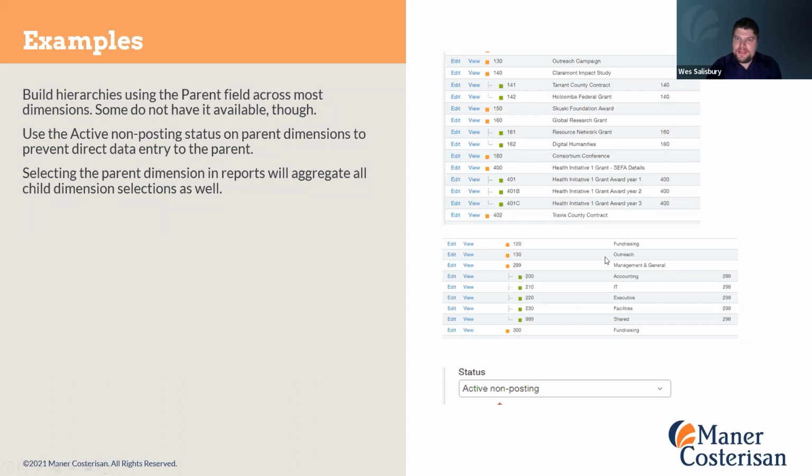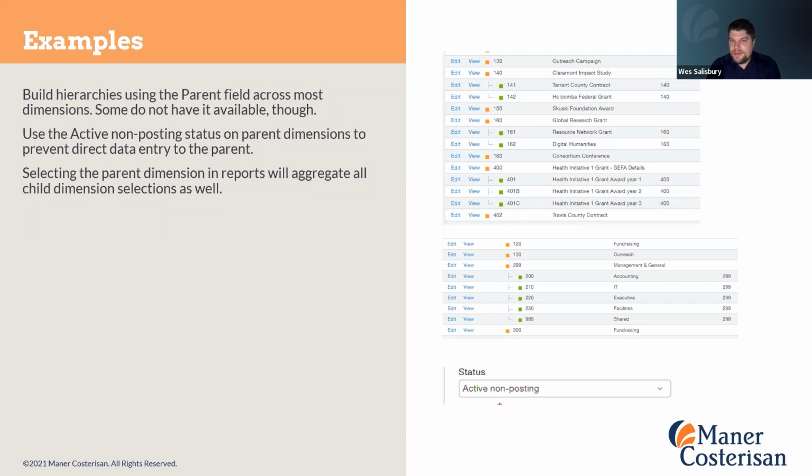So off to the right here, I have some grants or projects in that top image there, where you see, for example, that code 400, you have that Health Initiative 1 grant. And within that grant, you have the different award years down in the green node, the child level there.